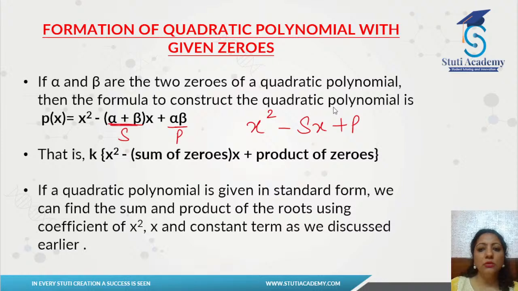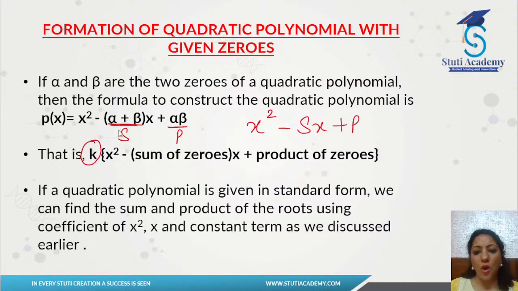If you know the zeros of a quadratic polynomial but you don't know the polynomial, you have to form it. You will take x square minus the sum of the zeros times x plus the product of the zeros. That is k times x square minus sum of the zeros x plus product of the zeros. Please notice we have written k here, just to be on the safer side.